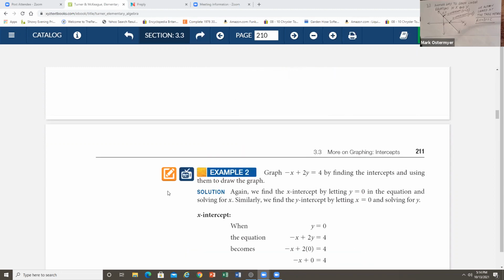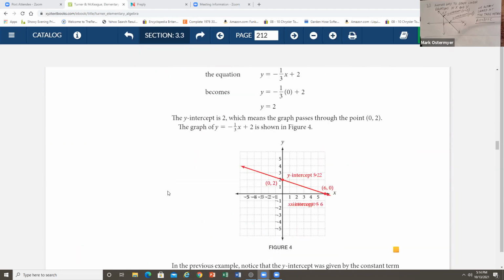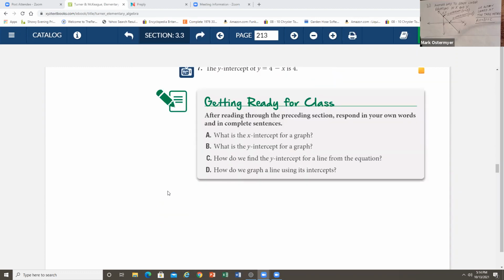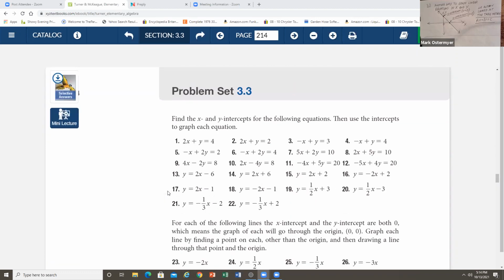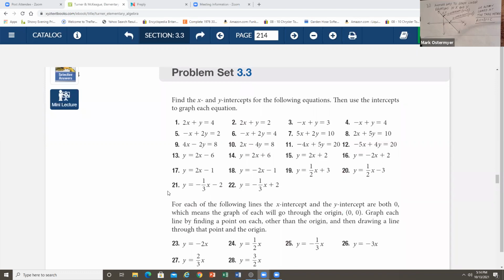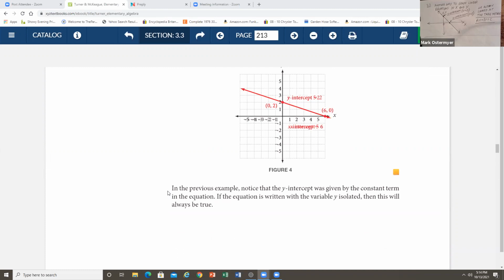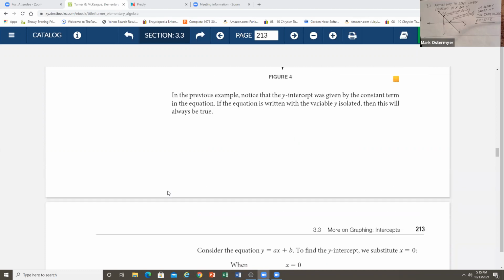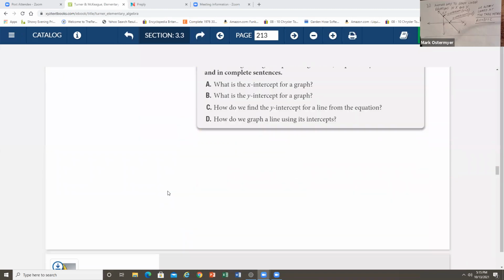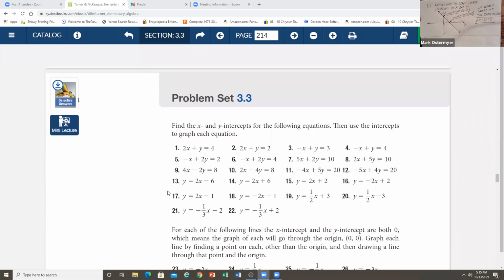All right, so let's see if we can start entertaining a couple problems here. Section 3.3, these problems start on page 214 in your textbook.